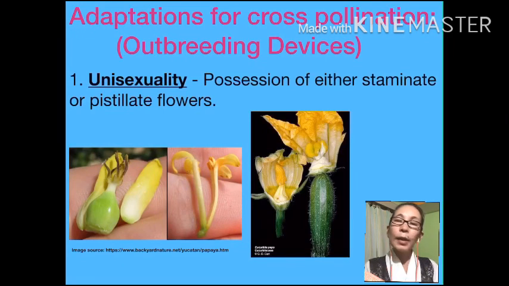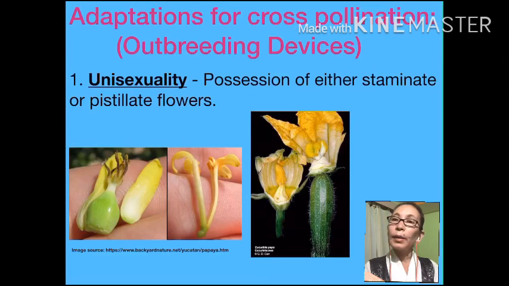Now, they have separate male and female plants, such as in the case of the papaya plant. In papaya, the male plants have purely staminate flowers, and the female papaya plant has pistillate flowers.